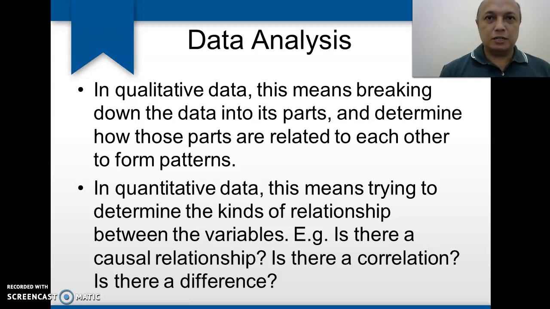You want to determine if there is a correlation between the variables that you are investigating. Or is there a difference? There is a statistical analysis called t-test and ANOVA, which can detect the difference between sets of data. Okay, so that's data analysis in qualitative research and in quantitative research.